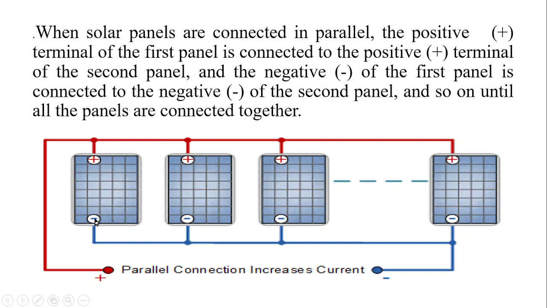Then the negative of the first panel to the negative of the second panel to the negative of the third panel, and the connection continues until all the negatives of the panels are connected together. After the end of the connection, we take one terminal out from the positive and one terminal out from the negative, from where all our measurements can be taken.